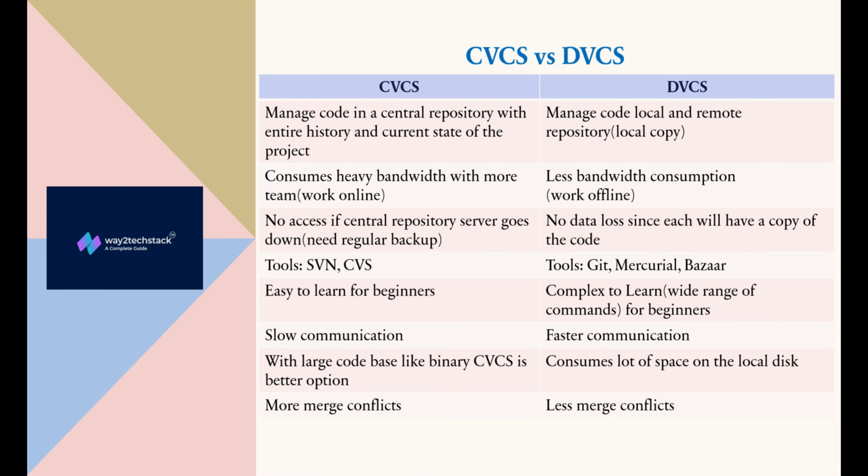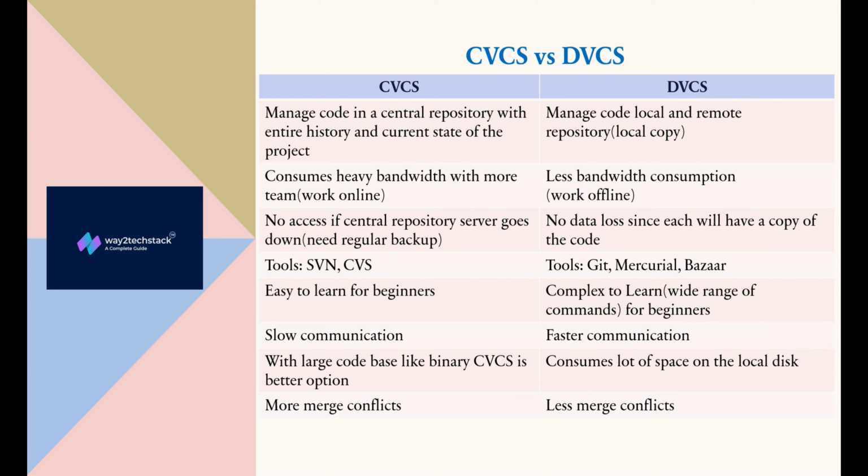Third point, no access if the centralized repository server goes down. If you have not planned a proper backup in your organization, your entire development will be lost. And if you don't take regular backups as well, you can only restore up to the previous backup in the worst condition.